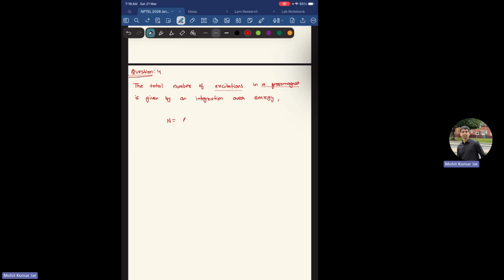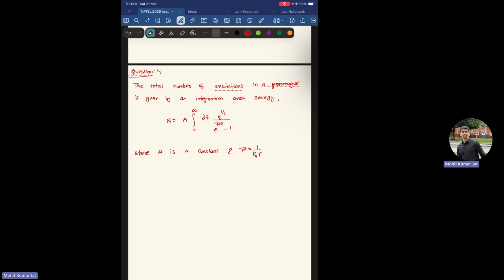N is equal to A integral from 0 to infinity dE, E to the power half by e to the power beta E minus 1, where A is a constant and beta is 1 by kBT.